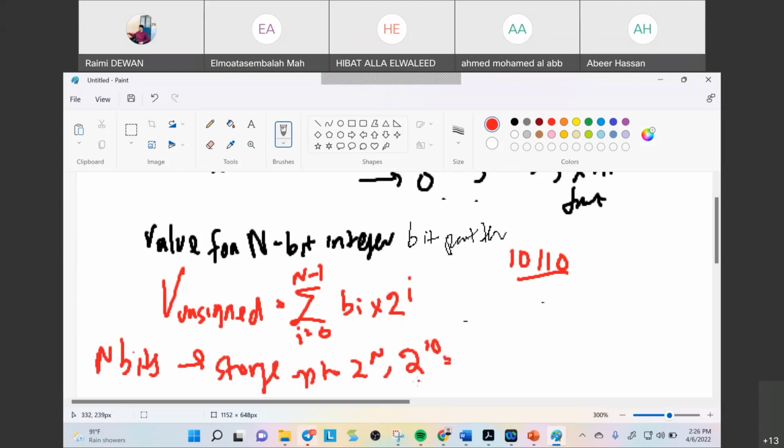What does it equal? Let me get my calculator: 2 to the power of 10 is 1024. So it will have storage for up to 1024 combinations, because 2^n with n equal to 10.